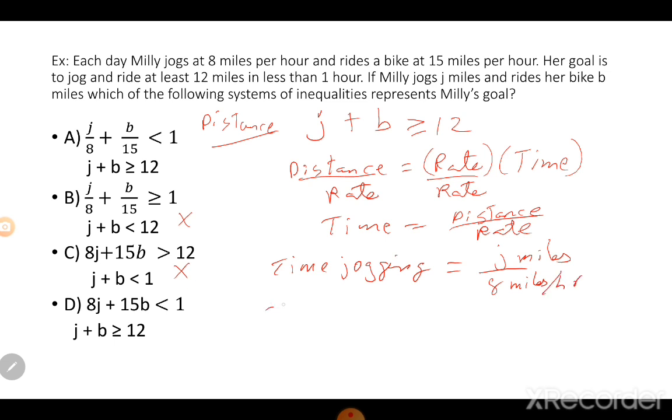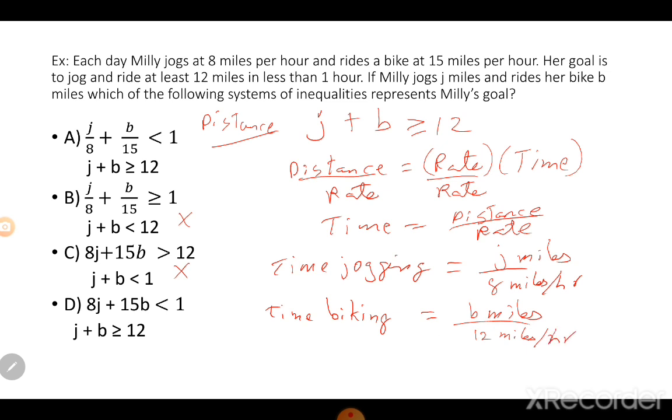And time biking is b miles, that's the distance she bikes, divided by her rate, which is 12 miles per hour.